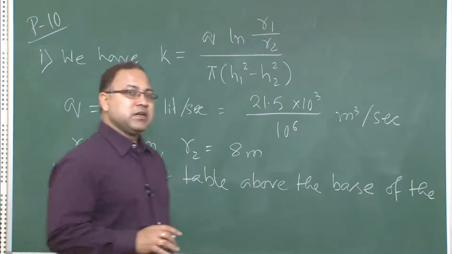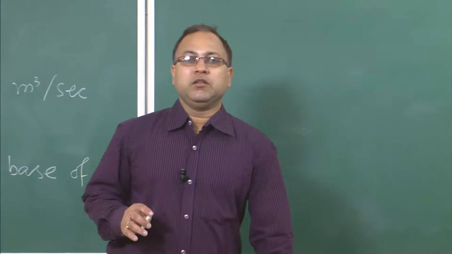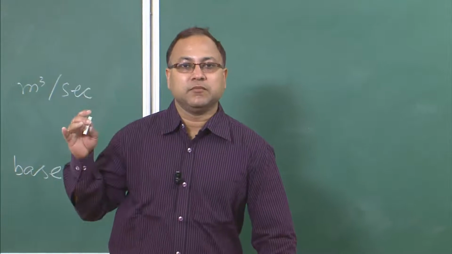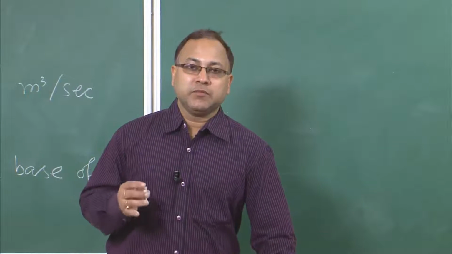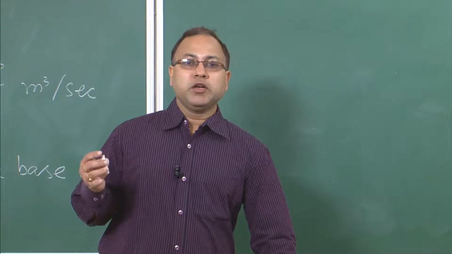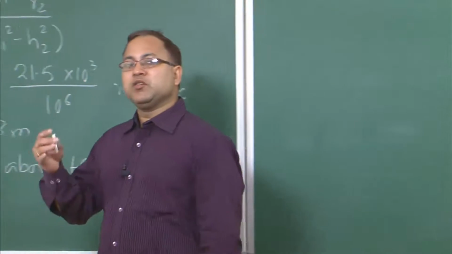What was the depth of the well? The depth of the well was the thickness of the sand layer, that is 18 meter. Now, what is the depth of water table below the ground level? That is 2.2 meter. That means the water table is situated at 2.2 meter below the ground level.